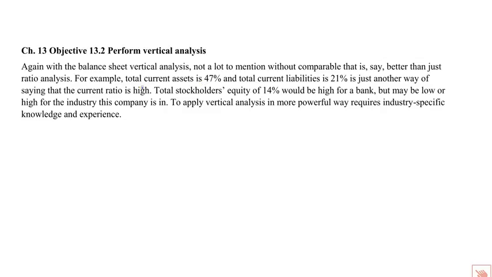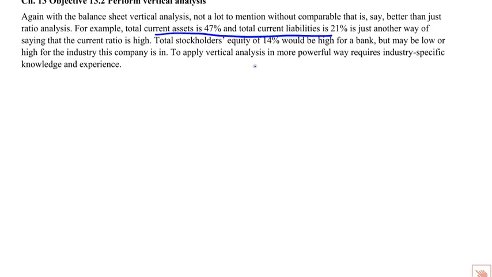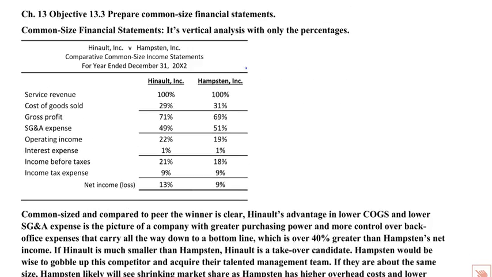So what are we going to do? You look at the ratios and you apply a little common sense. Current assets 47%, current liabilities 21%. They seem to be in a good liquidity position. But they do seem highly levered.